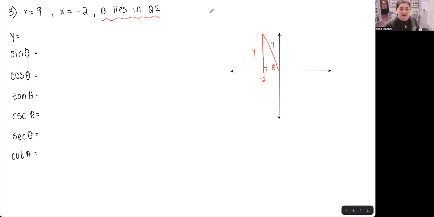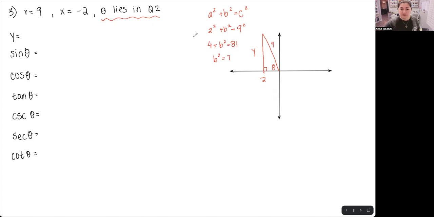In order to find that out, I'm going to go again, a squared plus b squared is c squared. And I'm going to have 2 squared or -2 squared, but I don't think that matters, plus b squared is 9 squared. So 4 plus b squared is 81. B squared is 78.